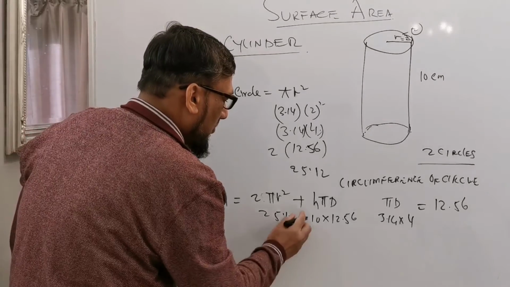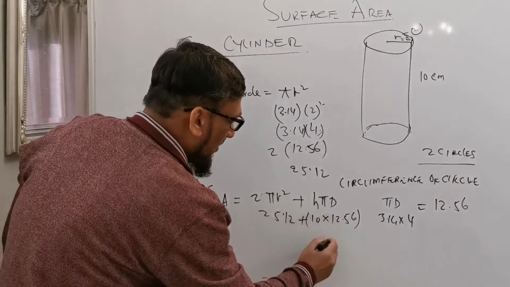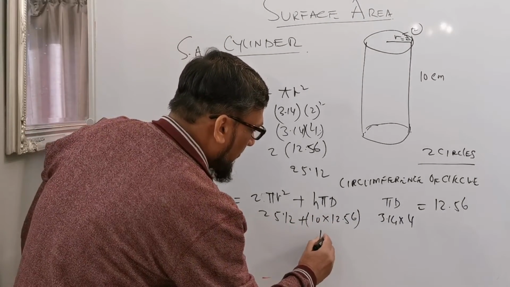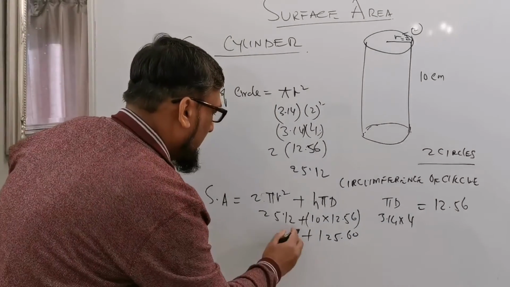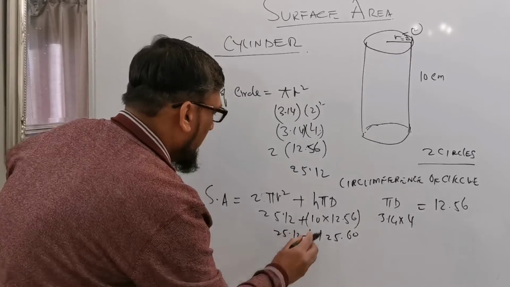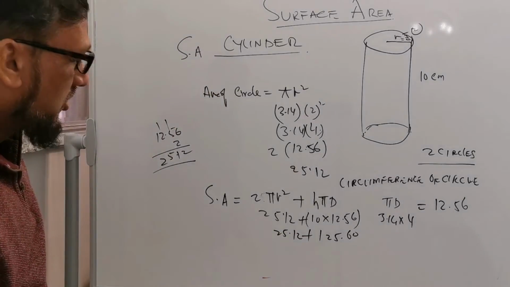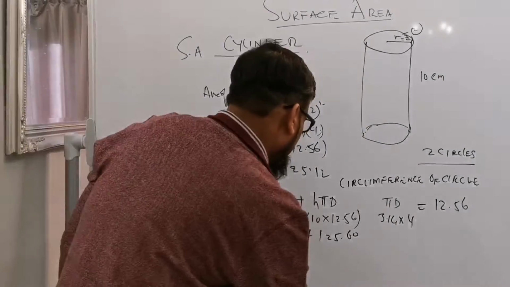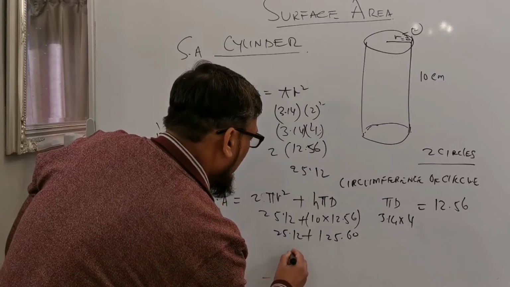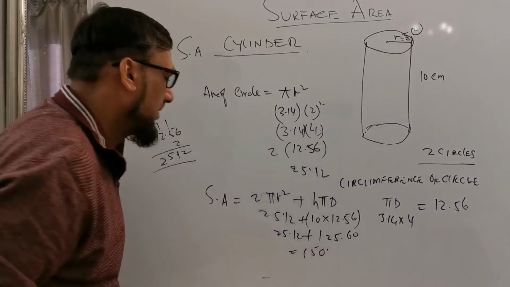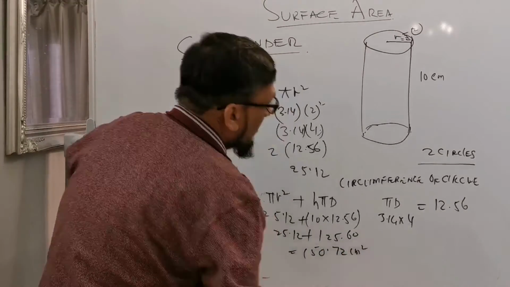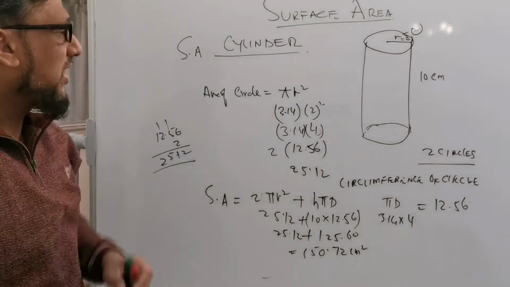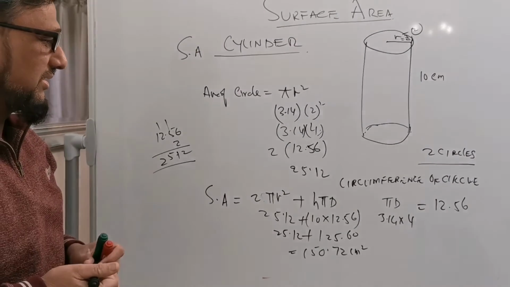So we need to add these two values: 125.60 plus 25.12. So this will be 150.72 centimeter square, the surface area of cylinder.